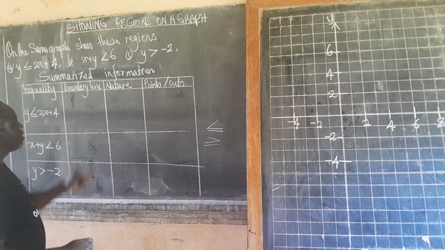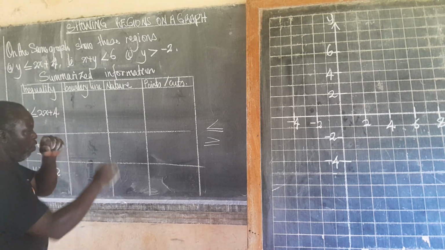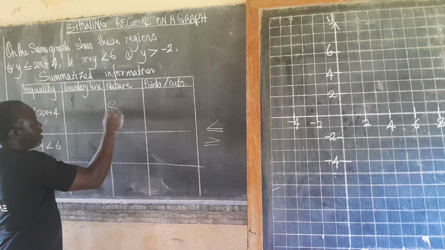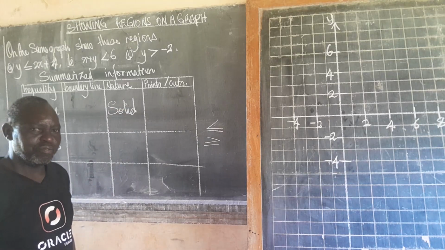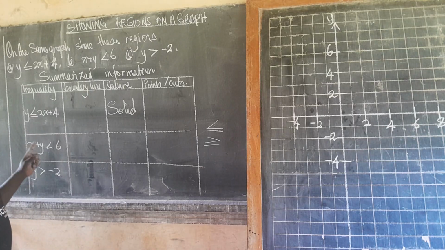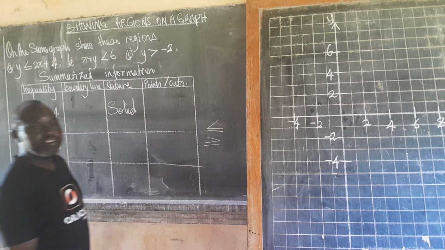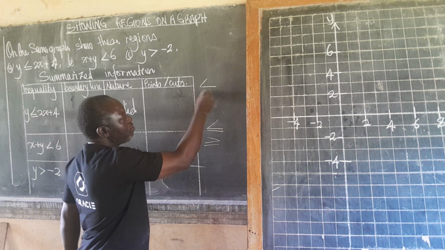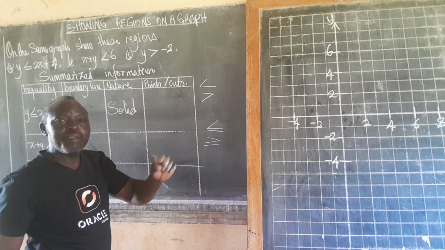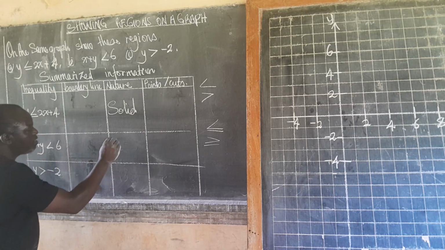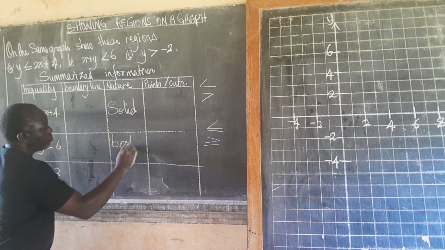Therefore, here the nature is solid. Then the second one, x plus y is less than 6: if we have this sign, the nature of the boundary line has to be broken. Therefore, the nature here is broken.